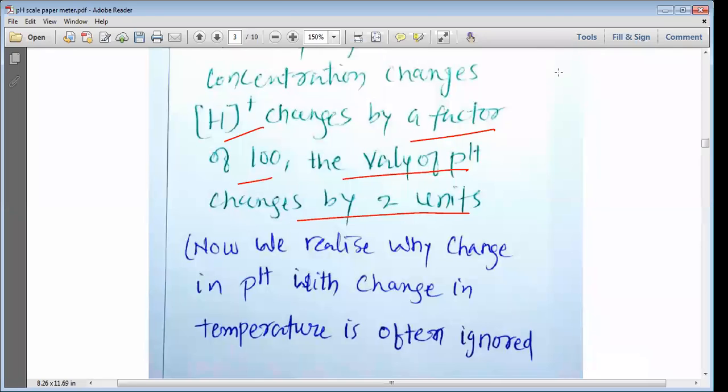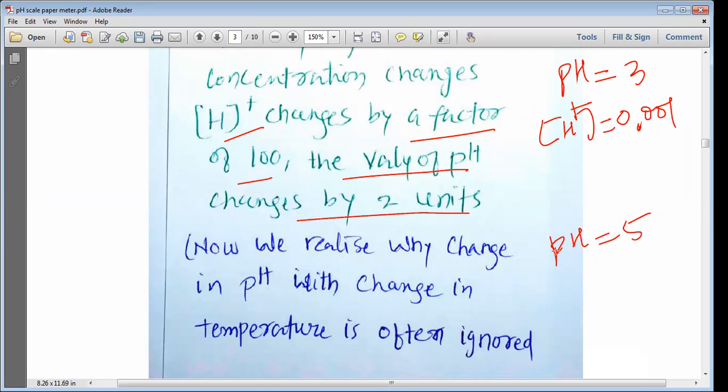Please remember that if you have the value of pH equal to 3, let's say, then the hydrogen ion concentration is equal to 0.001. Now if you have pH equal to 5, then your hydrogen ion concentration is equal to 0.00001.